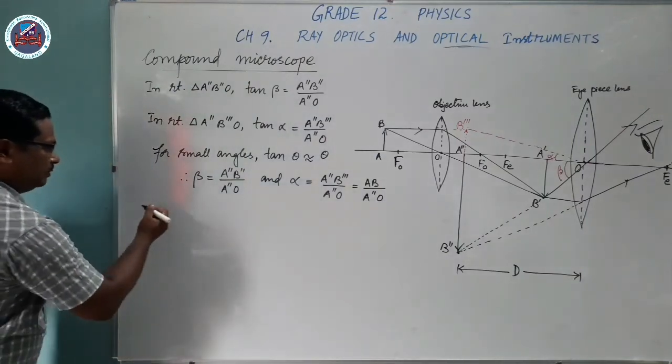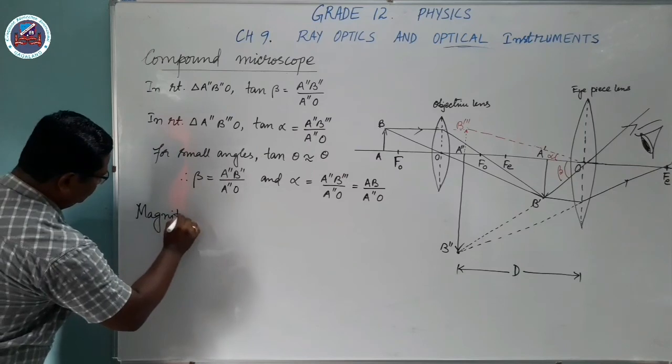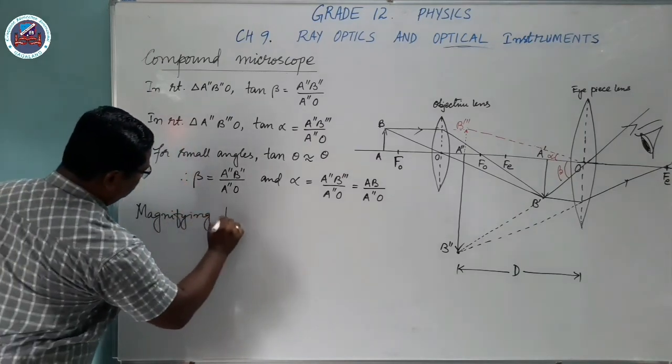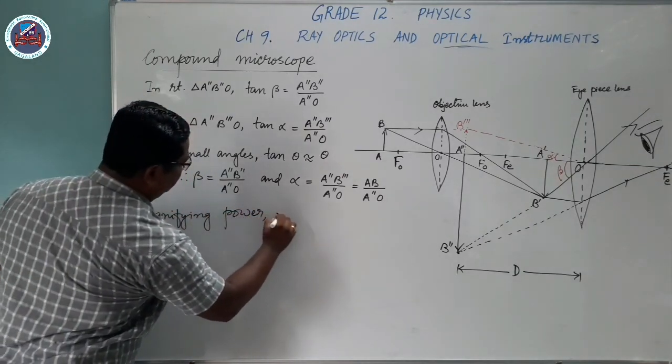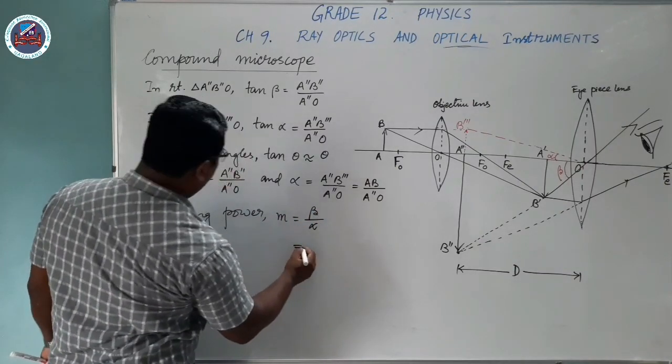Now angular magnification or magnifying power M is equal to beta divided by alpha. So put the values.